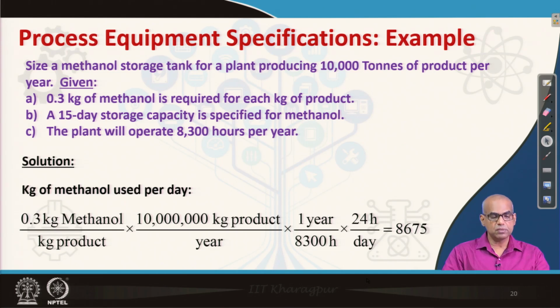Now, let us use our process calculation principles. The kg of methanol used per day can be obtained as 0.3 kg methanol per kg product multiplied by 10,000 tons of product per year. Then you have 8,300 hours in a year and 24 hours in a day. If you multiply these quantities, you get kg of methanol used per day as 8,675.